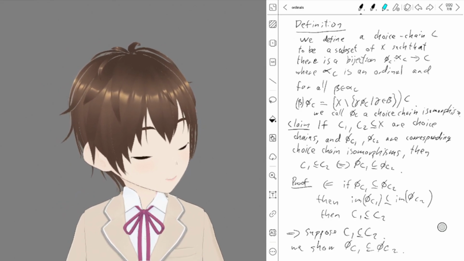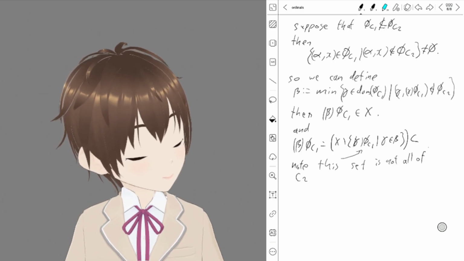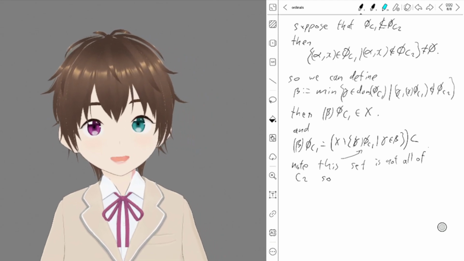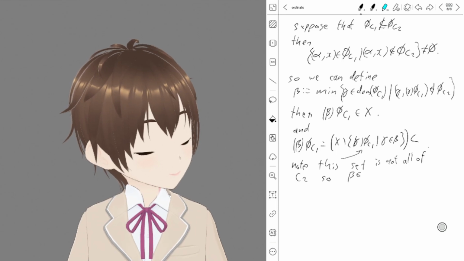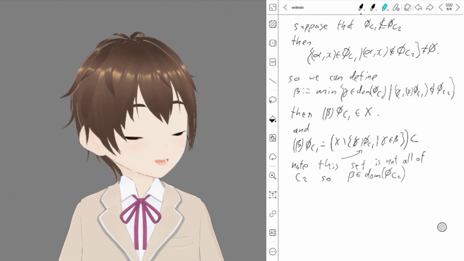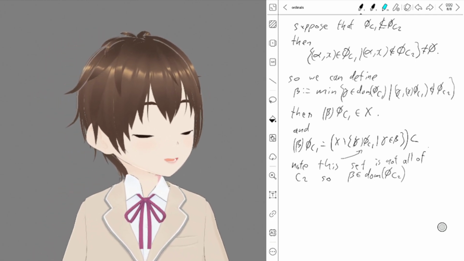And I'm trying to prove that C1 is contained in C2. So this is not all of C2. So beta actually has to be in the domain of phi C2, because otherwise I would have hit everything in C2 already using the elements of beta.